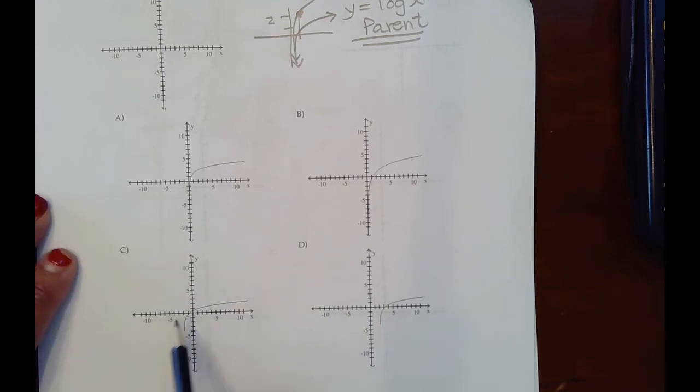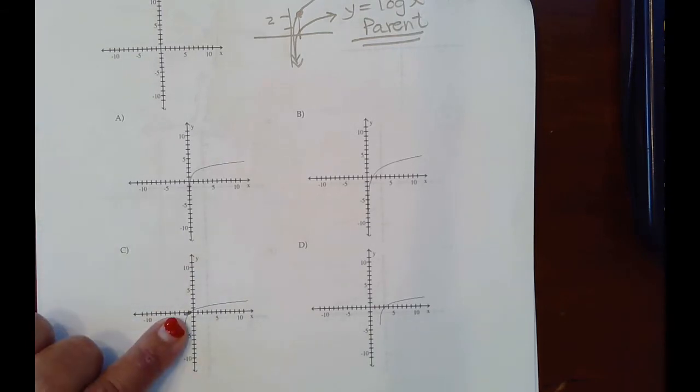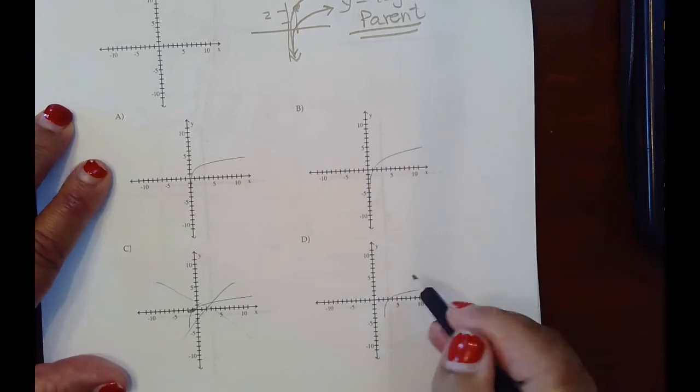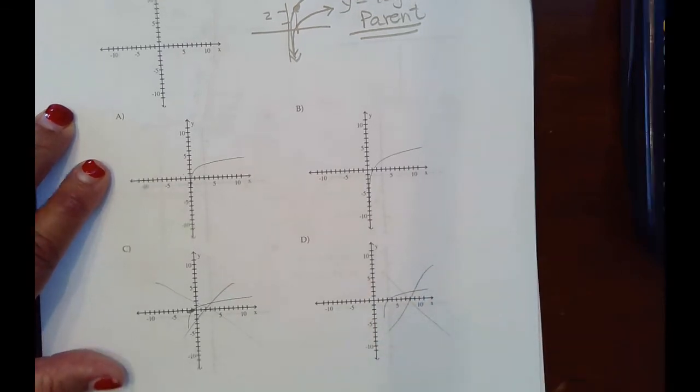This looks like it has a horizontal shift. It looks like it's shifted so that the point that it cuts through is over here. So it's not that one. This looks like it has shifted 3 units to the right. You don't have a horizontal shift.